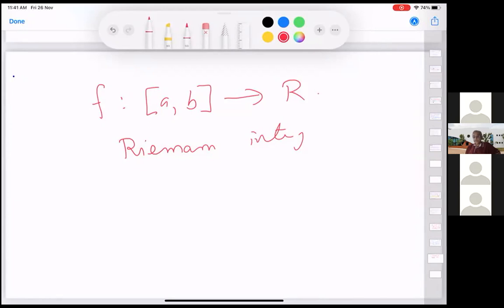And the point is that the choice of the partition is in our hand. Given an epsilon, we choose a partition so that the upper and lower sums for f in that partition differ by less than epsilon.